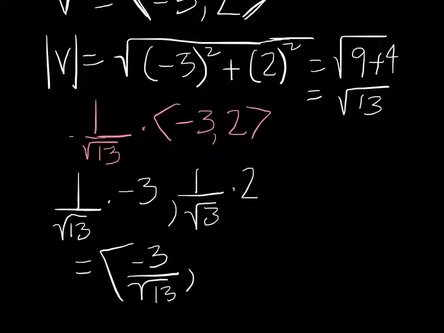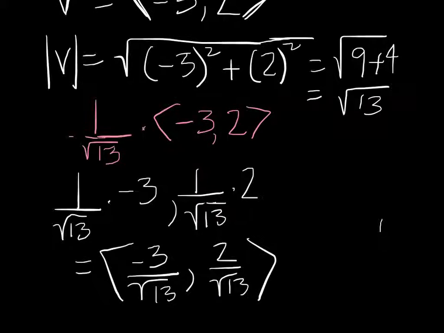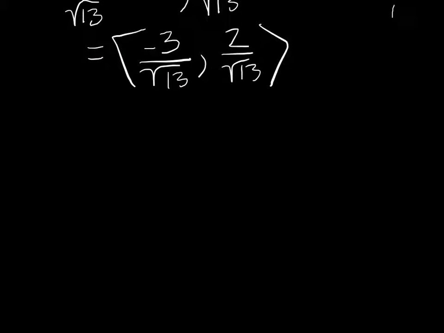You do the same thing for the b component. 1 over the square root of 13, oh, I wrote this wrong, this is the square root of 13, not 3. 1 over the square root of 13 times 2 is 2 over the square root of 13. Okay, this is the unit vector. This is the vector v in unit form. Same vector, different form.